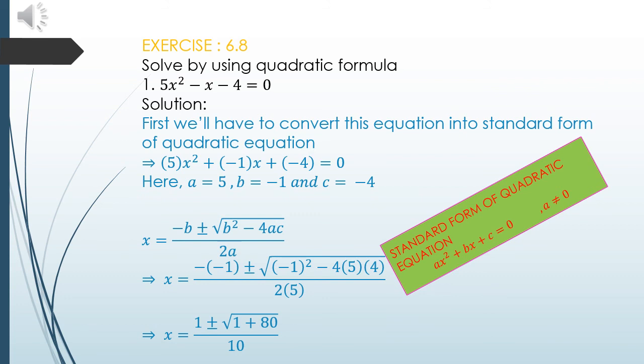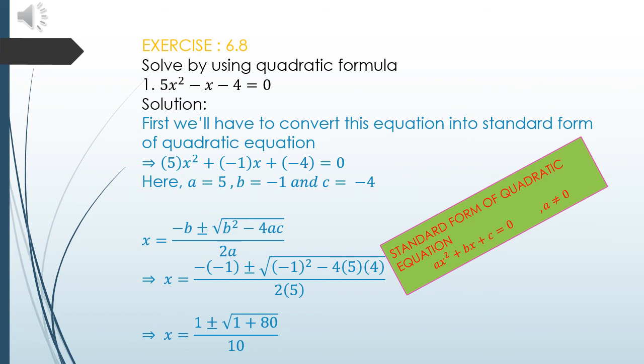Plus minus under root minus 1 whole square minus 4 into 5 into 4. 5 and 4 are the replacements for a and c, whole divided by 2a. 2 is the coefficient and 5 is in place of a.